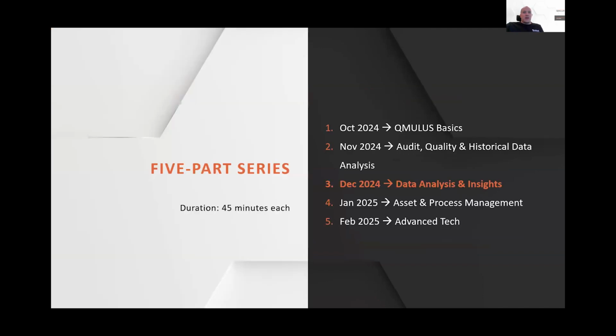So where we are at in our 5-part series, as we said, we are at the third of the 5 webinars, data analysis and insights. Next year, we will have 2 more webinars, which will be asset and process management in January and advanced tech in February.